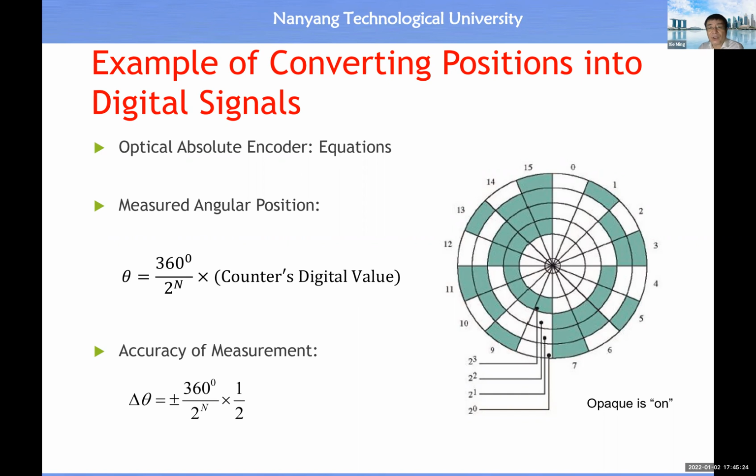Then we can count the number of bit changes. Then what should be the resolution? Because this corresponds to the pitch angle, half of the pitch angle corresponds to the accuracy, plus minus, angular position.